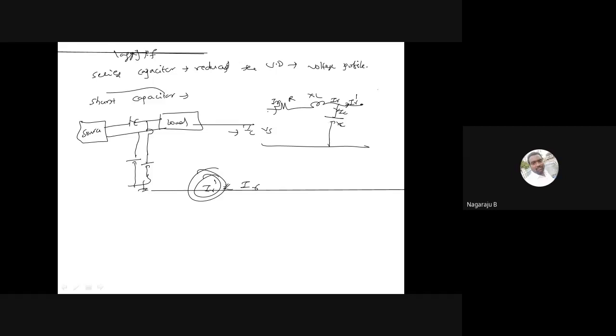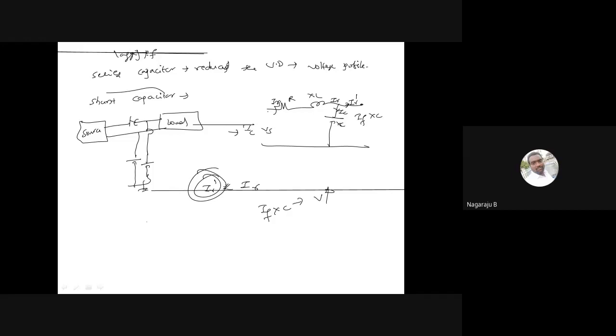When the short circuit is there, you will have If amount of current, and If times XC will create a huge amount of voltage, many times the full load current value under certain conditions. It is very essential that the capacitor is taken out of service as quickly as possible.